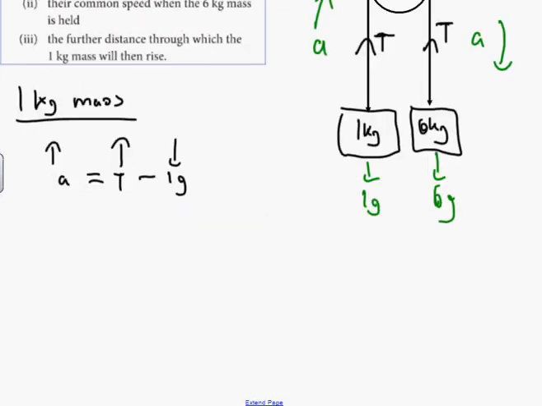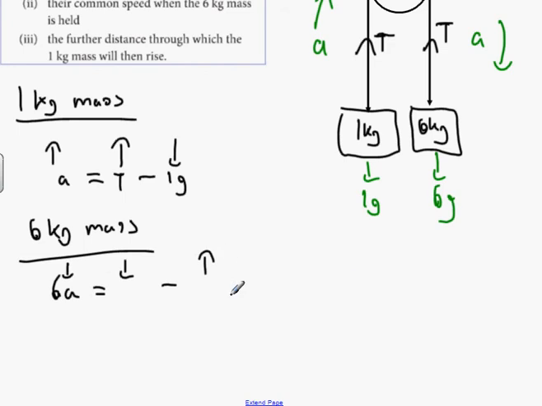Okay, second one, 6 kg mass. So MA, also known as 6A, up or down, guys? Down. What do I need to lead with on the other side? 6g, because 6g is what's driving your 6 kilogram mass downwards.